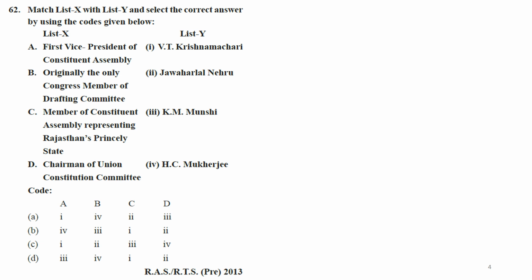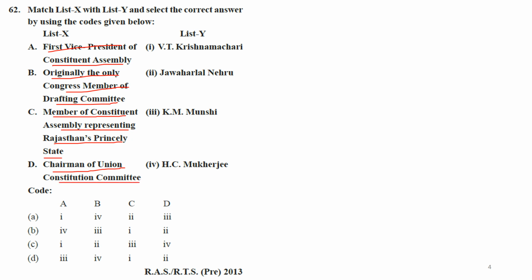Next is a match-the-list kind of question: first vice president of Constituent Assembly, originally the only Congress member of the drafting committee, member of Constituent Assembly representing Rajasthan princely state, and chairman of Union Constitution Committee.